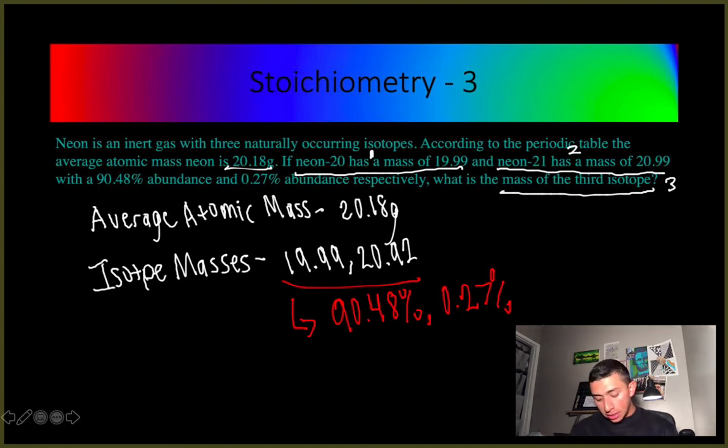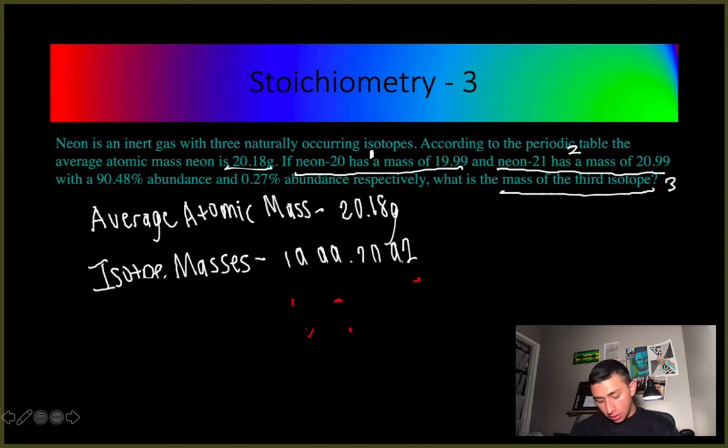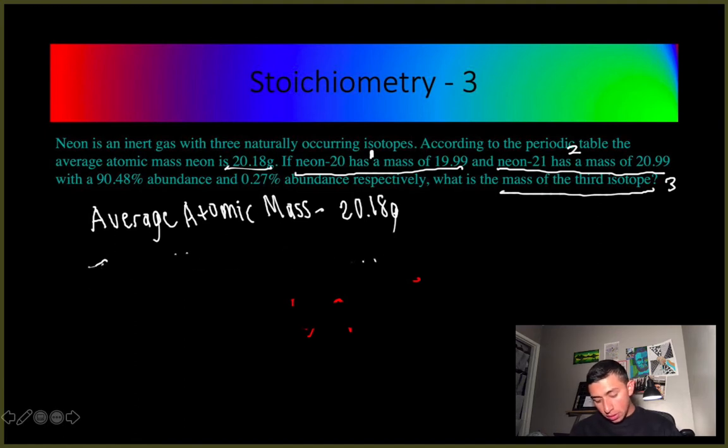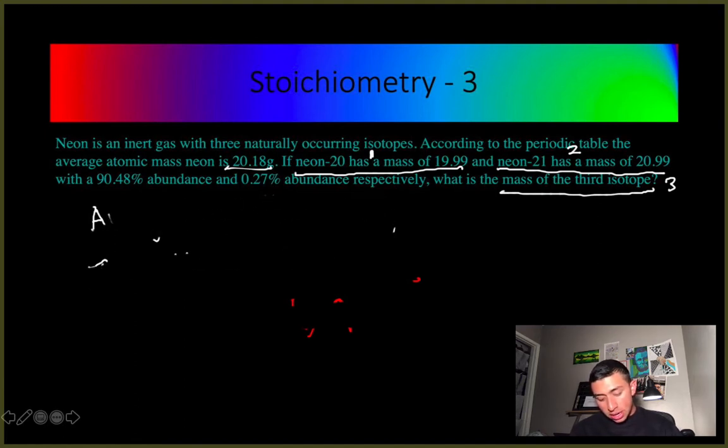Let's set up our weighted average problem as if we were going to calculate this normally. So I'm going to erase all this and write out the weighted average problem so that we can try to solve for the mass of the third isotope.